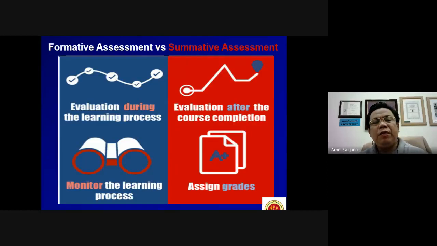All right. So here, evaluation during the learning process will only monitor the learning process, how the students learn and how the teacher teaches, so that necessary adjustments can be done eventually. While in the summative assessment, we are already assigning grades, A+ and so on.